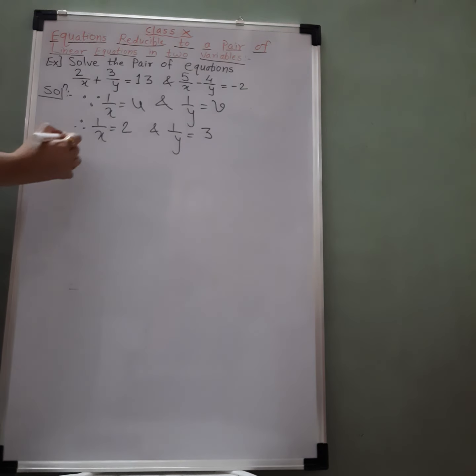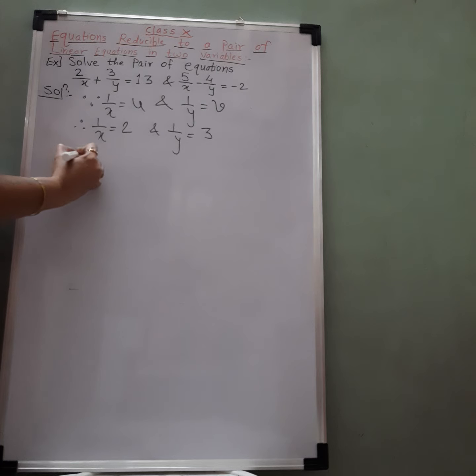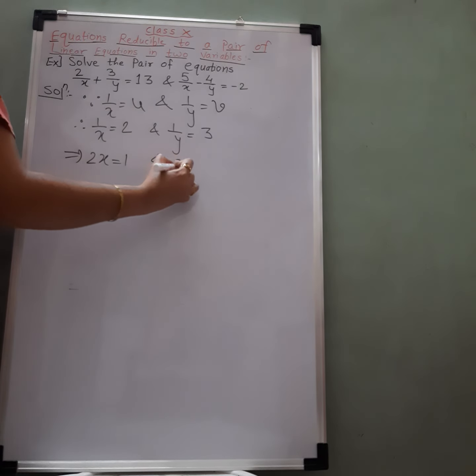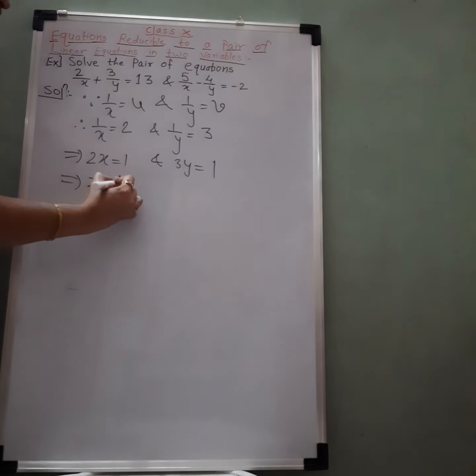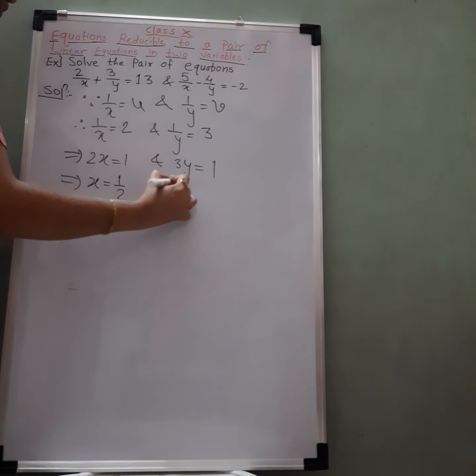Cross multiply them. This implies 2x is equal to 1 and 3y is equal to 1. This implies x is equal to 1 upon 2 and y is equal to 1 upon 3.